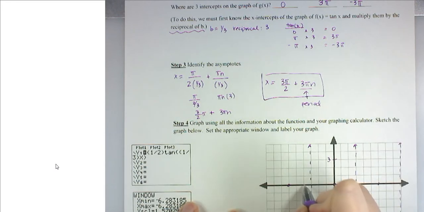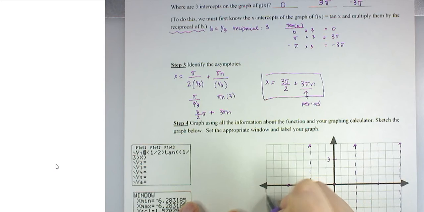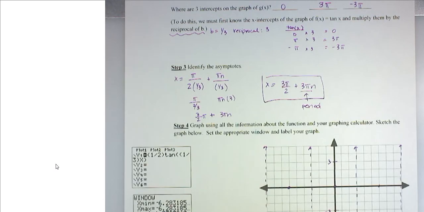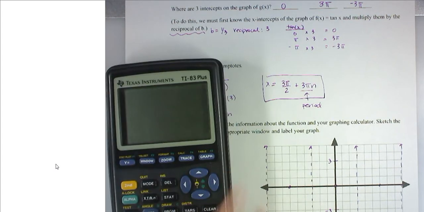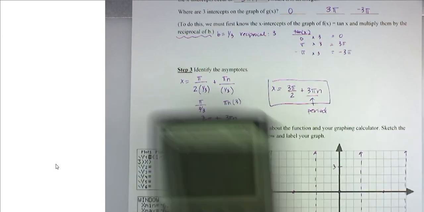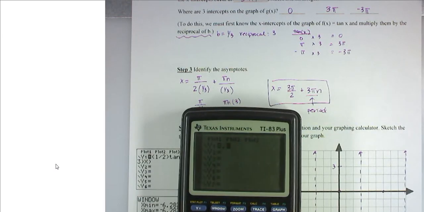And then to make your other points, you can use your table. So I'm going to put in 1/2 tangent, and the 1/3 I am going to put in parentheses, so I have 1 divided by 3, close my parentheses, x, and then I can close these, and I'm going to use my table. Okay, so here's pi over 2. At pi, I'm at 0.86. I'm at 0. I'm at negative 0.86.